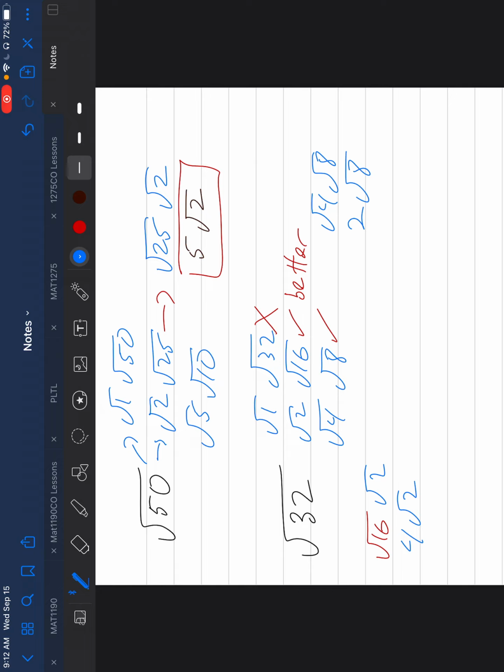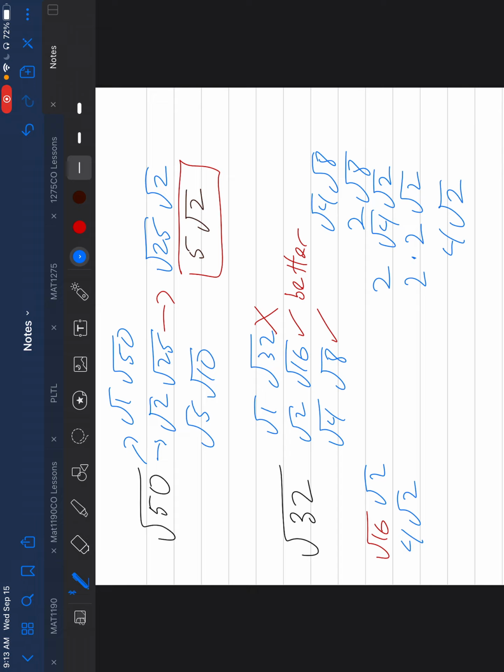Now again, the rule that we are looking at is that there cannot be any factors that are perfect squares. Is there a factor of 8 that's a perfect square? This 2 stays on the outside, but since radical 4 times radical 2 is equal to 8, that means we can simplify this further. And we're going to get 2 on the outside times 2 from radical 4 times radical 2 for a total answer of 4 radical 2.